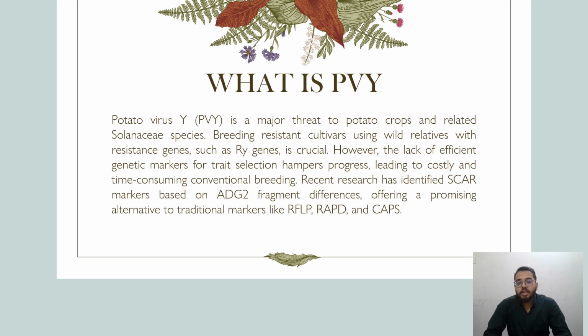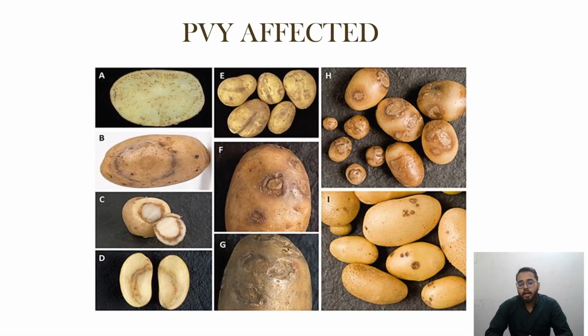However, the lack of essential gene markers for trait selection hampers progress, leading to costly and time-consuming conventional breeding. Recent research has identified SCAR markers based on Ry-adg fragment differences, offering a promising alternative to traditional markers like RFLP, RAPD, and CAPS.